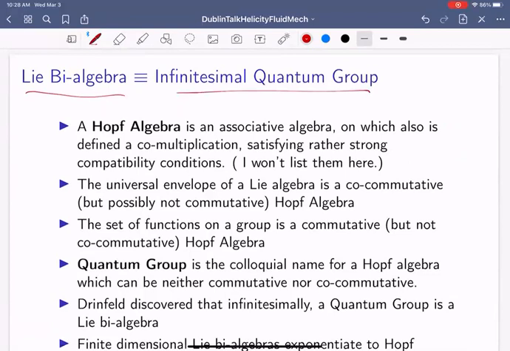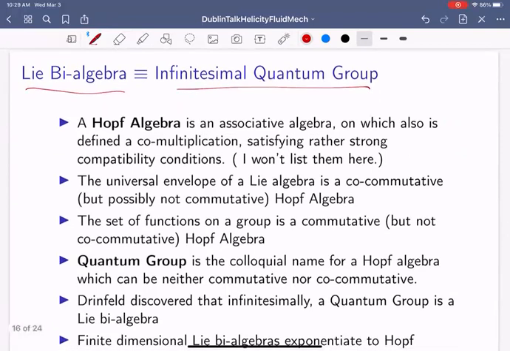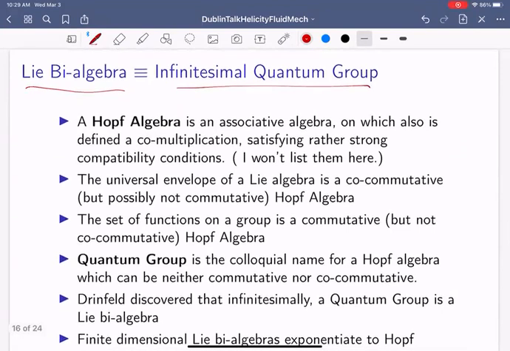I think you can see where I'm headed: classical fluid mechanics, good old 19th century or 18th century classical fluid mechanics, has the property that the underlying symmetry group, the underlying group of Lie algebras, is not only a Lie algebra, but is a Lie bialgebra. That is the meaning of helicity. The meaning of helicity is that the underlying group of rotations, diffeomorphisms, has the structure of a Lie bialgebra.